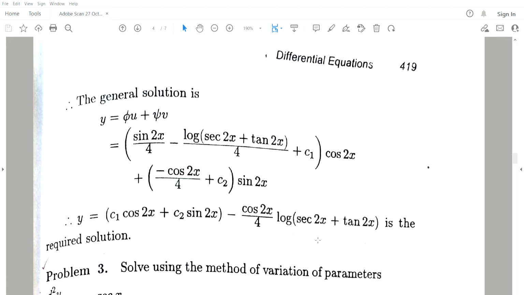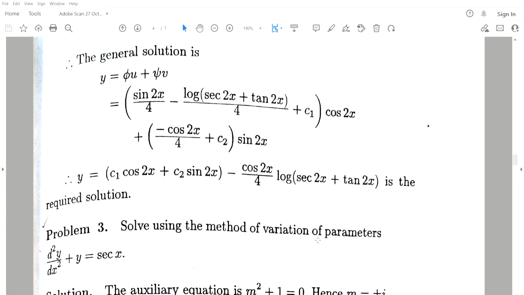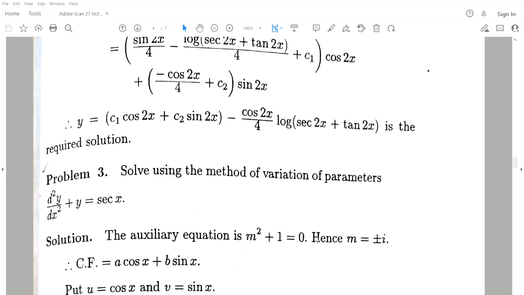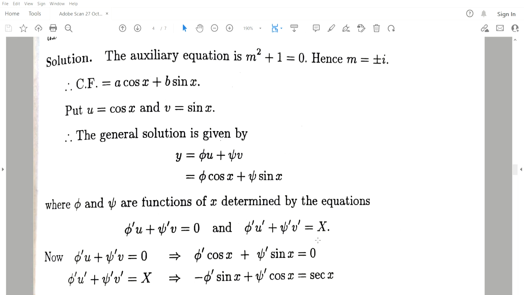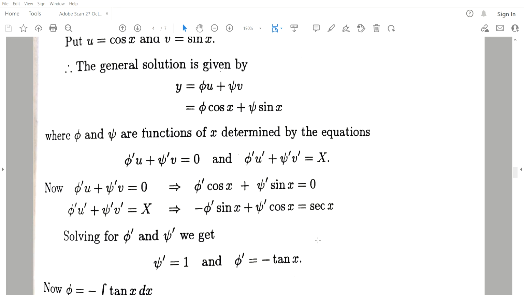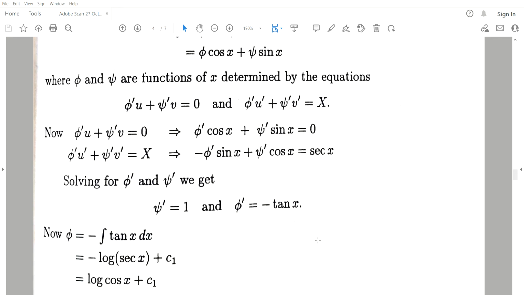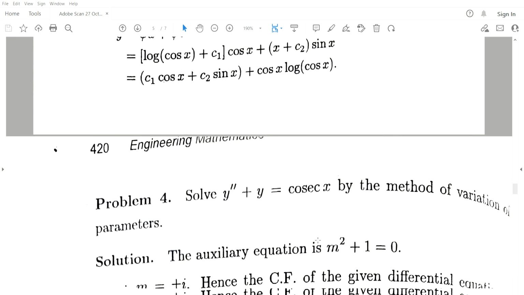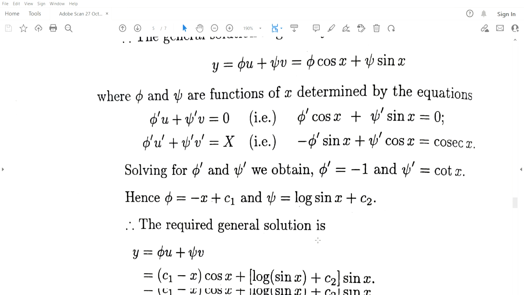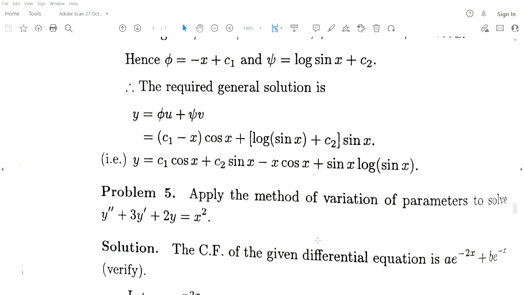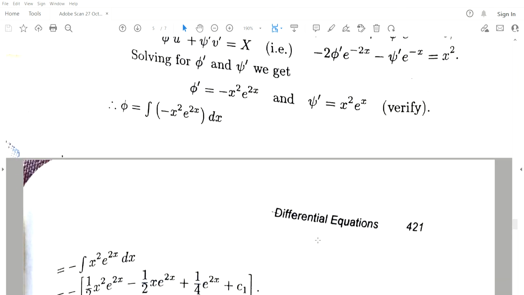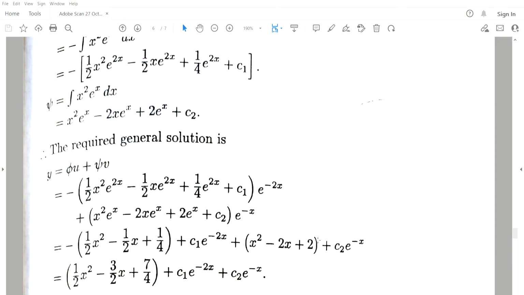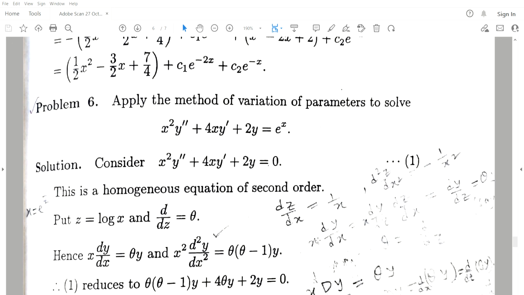I had sent the other worked out problems also, and also the exercise. Therefore go through the exercises, do the problems, practice the problems so that you can master the method of variation of parameters. In the semester there will be at least one question on the method of variation of parameters.